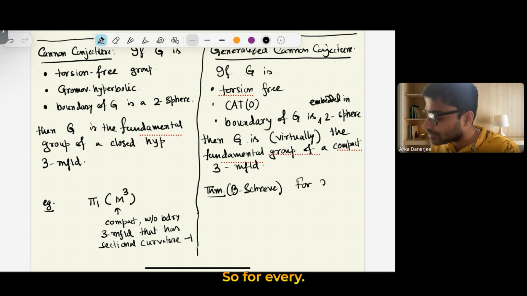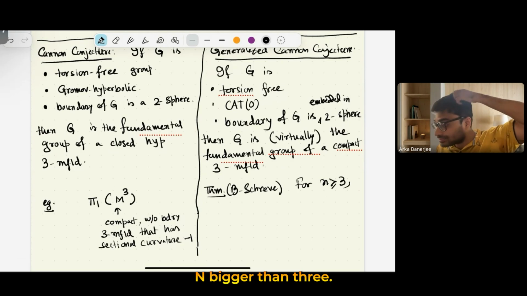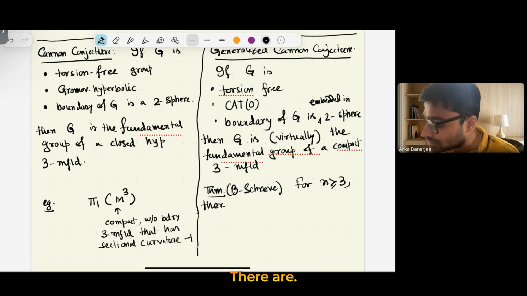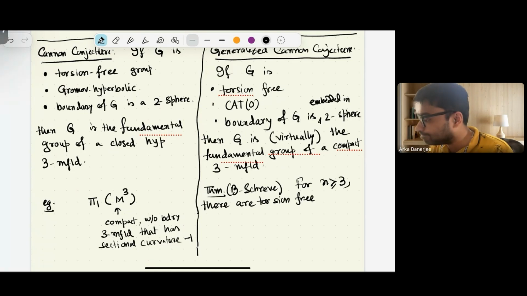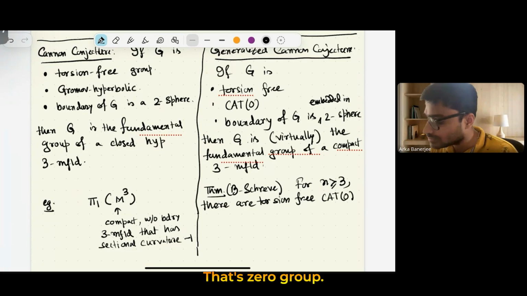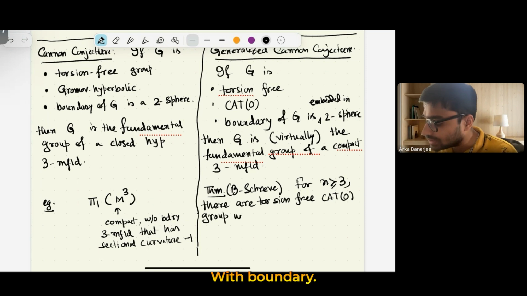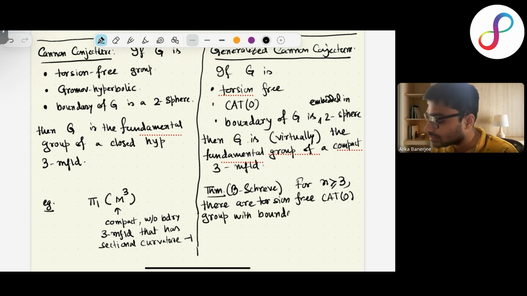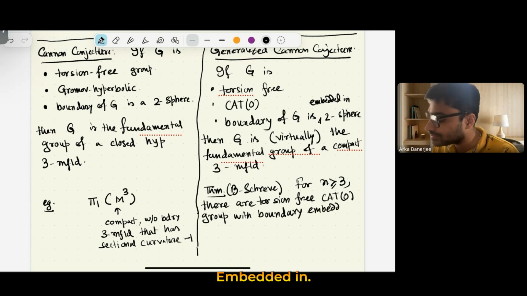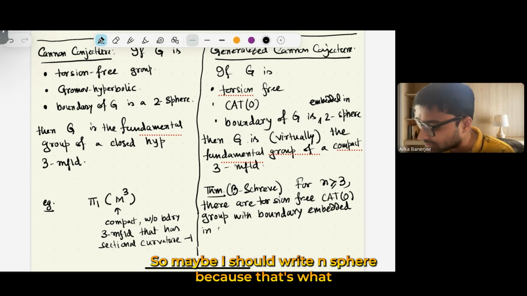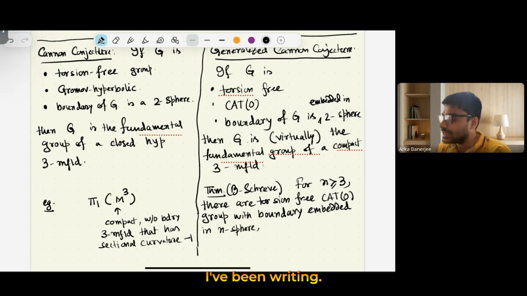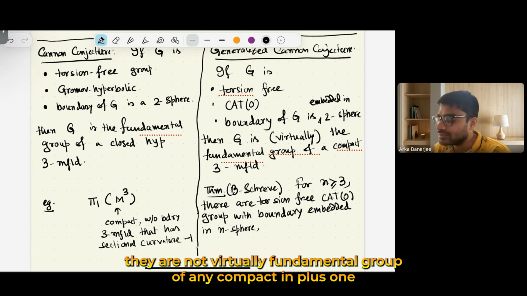For every n bigger than 3, there are torsion-free CAT(0) groups with boundary embedded in S^n, the n sphere, but they are not virtually the fundamental group of any compact n+1 manifold.